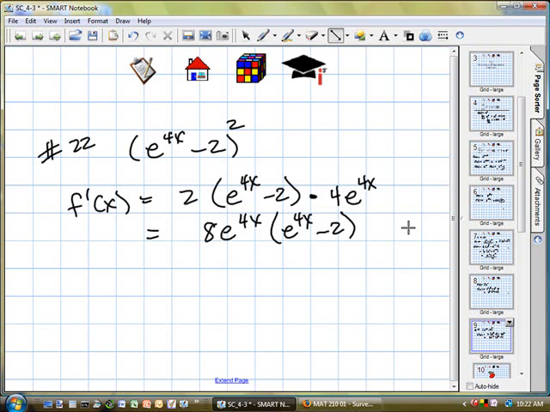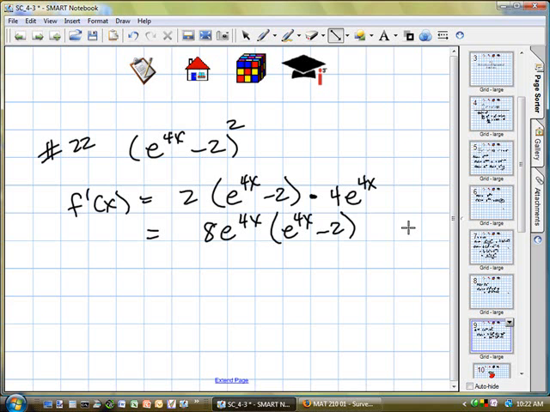Yeah. So the e to the 4x, that's just the derivative. This part right there is how you begin this derivative because it's its own derivative. But because there's an inner function, I now have to multiply by the derivative of 4x. And that's where that guy came from.